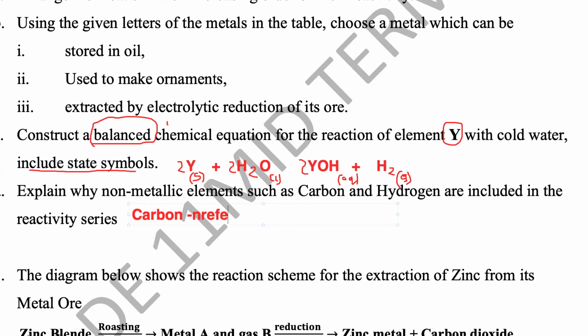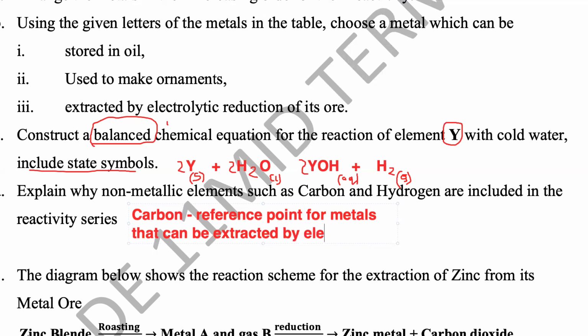So carbon is a reference. Actually, both of them are reference points. So carbon is a reference point for methods that can be extracted by electrolysis and reduction by carbon.